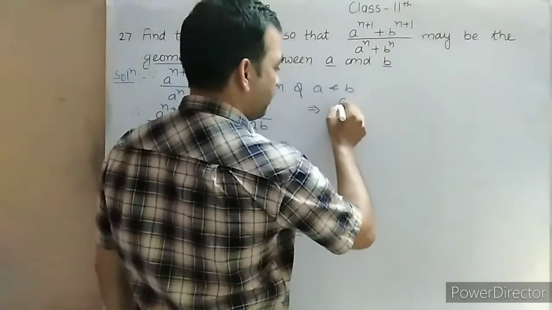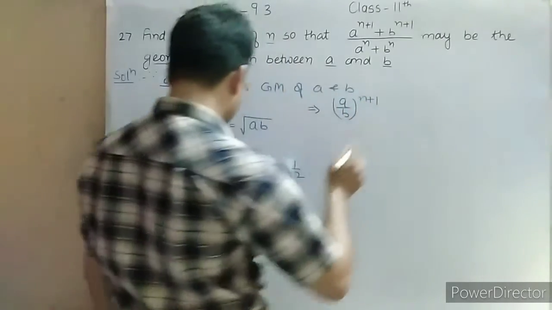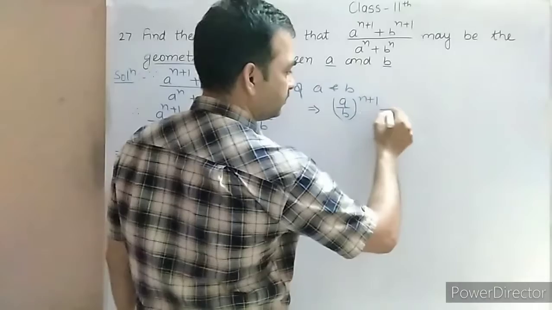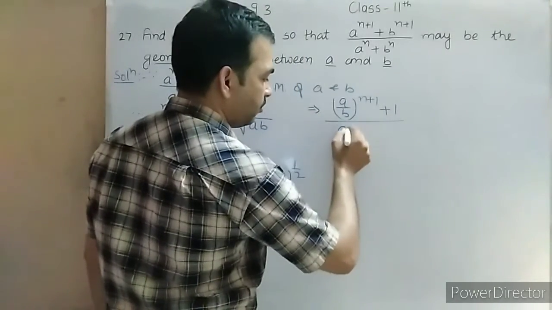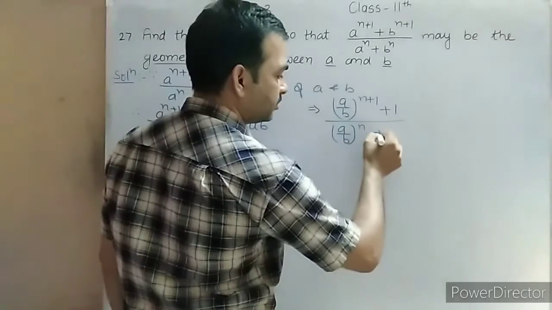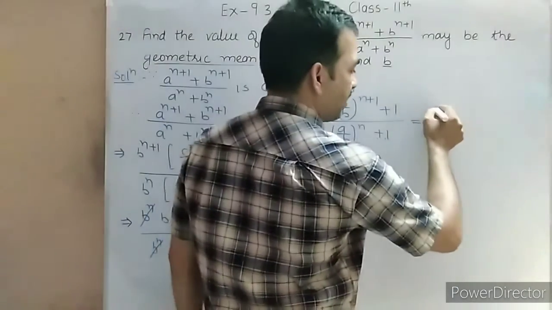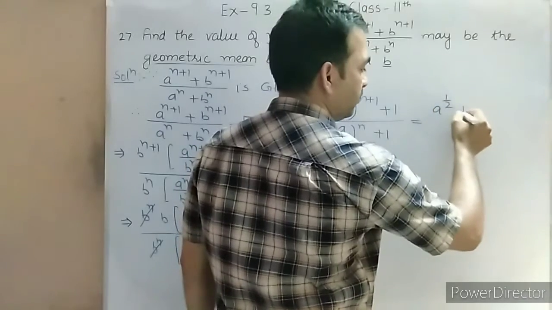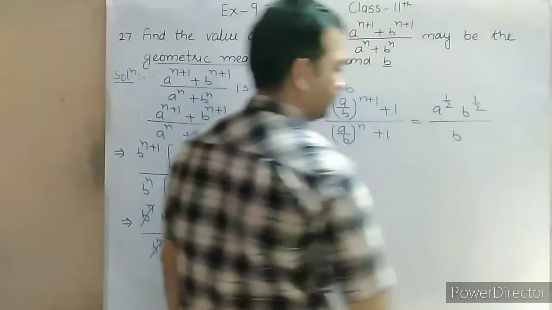So (a/b)^(n+1) plus 1 divided by (a/b)^n plus 1 is equal to a^(1/2) b^(1/2) divided by b.